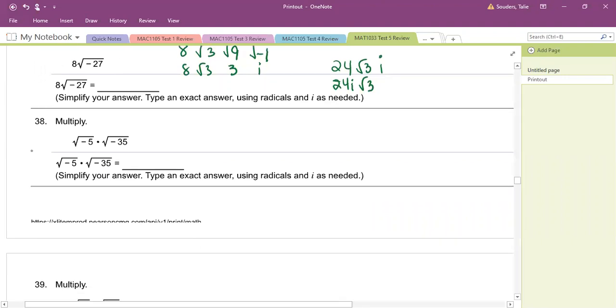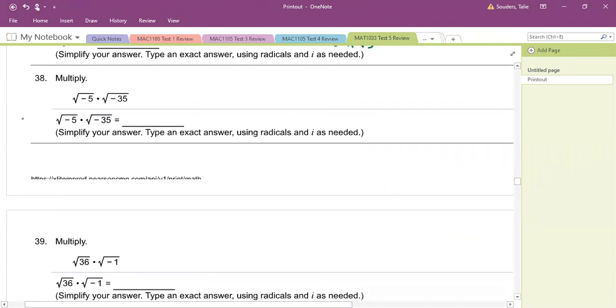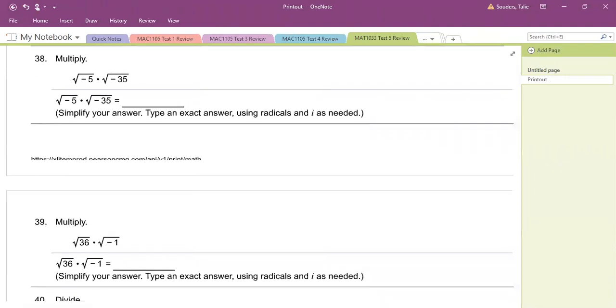Okay. Now, when you're multiplying and dividing with radicals, it is important that the radical you're working with is of a positive number if you're dealing with square roots. What I mean by that is the rule only works, that you can multiply them together or divide them together, when they're real, not when they're imaginary.